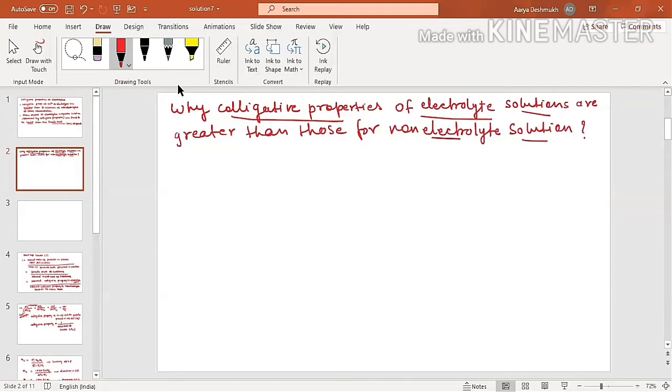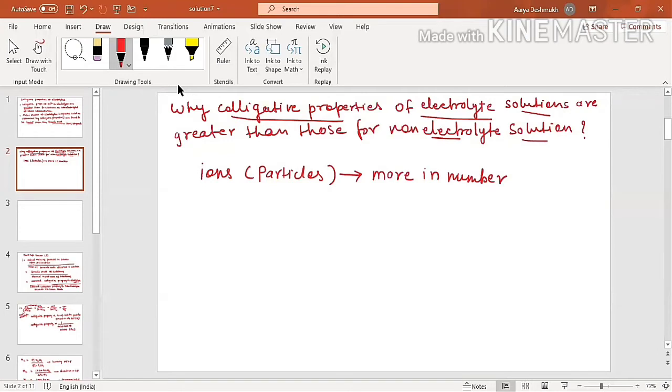When an electrolyte is dissolved in a solvent like water, it undergoes dissociation to produce particles, or ions. So these particles are more in number when you dissolve an electrolyte solute in a solvent like water.